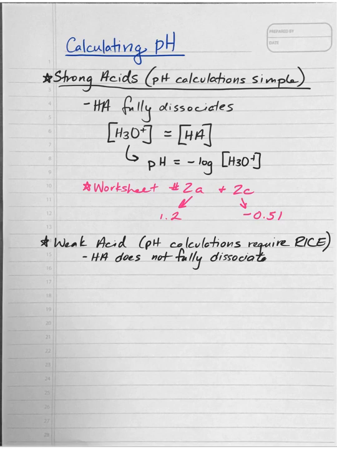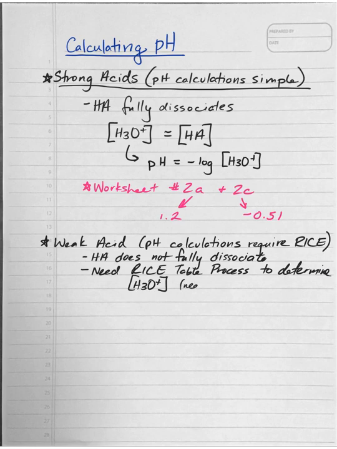So in order to determine the H3O+ concentration, which we need to find pH, we have to go through the RICE table process.